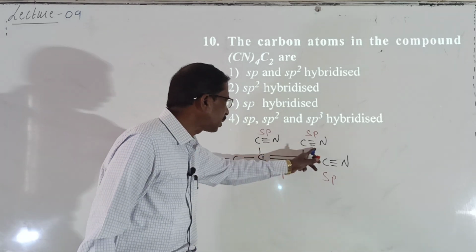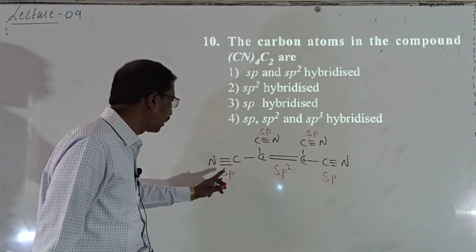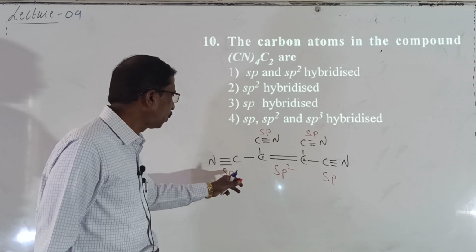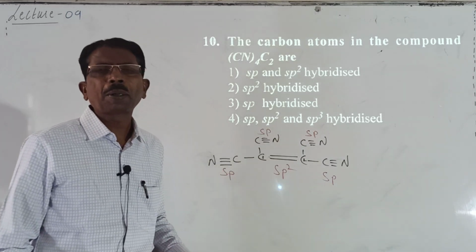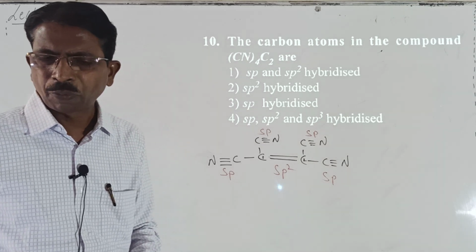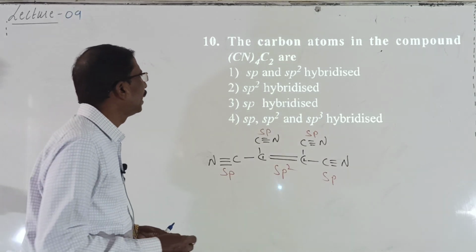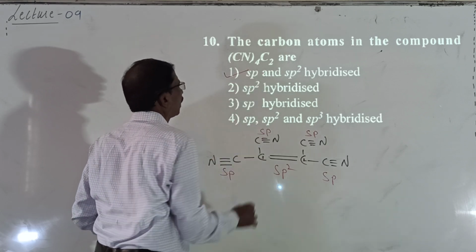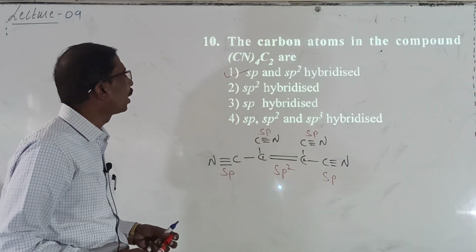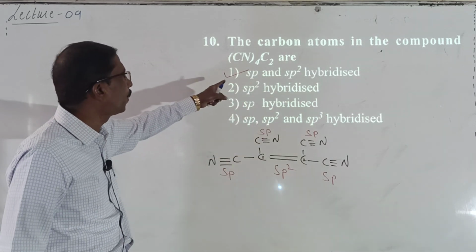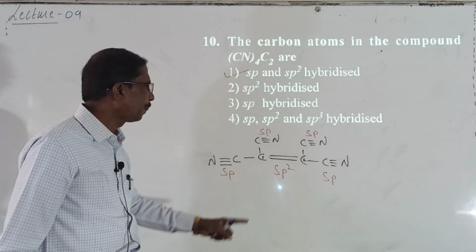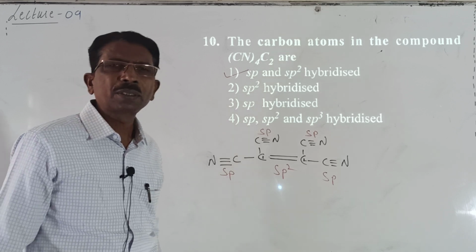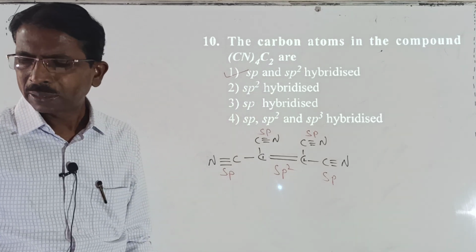So sp, sp, sp, sp2, and then sp. So all the triple bonds have sp and all the double bonds have sp2. Therefore the answer is sp and sp2 hybridized. The carbon atoms in the compound are sp and sp2 hybridized. Look here students, it is the answer.